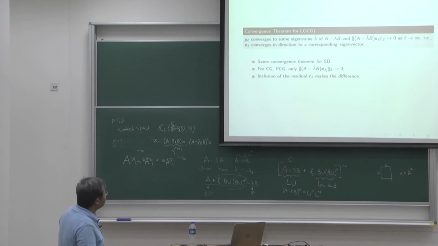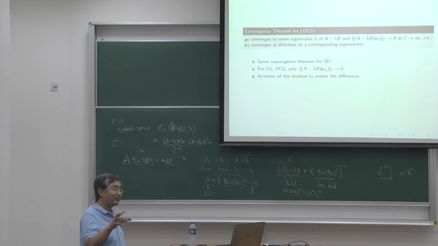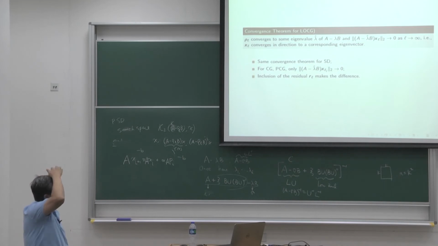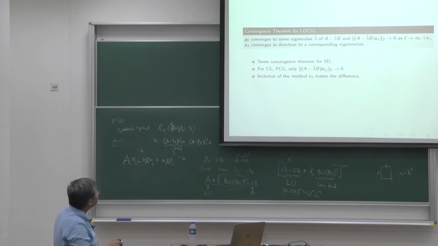How about convergence? It converges a lot easier, much better than the Young theorem. The reason is that for locally optimal CG, the residual R is in the search space. So the gradient, the global convergence versus the SD method, applies here.